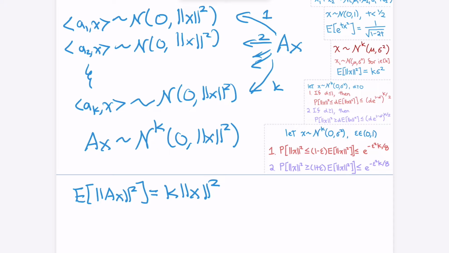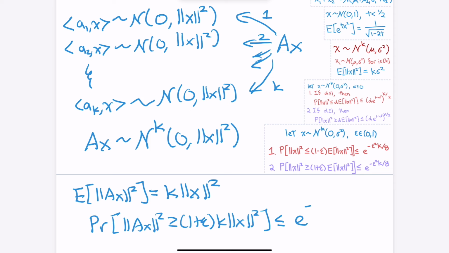It's going to be super concentrated, right? Was the probability error plummeting exponentially in k? So the probability of ||Ax||^2 being at least 1 plus epsilon times the expected value is going to be like e to the negative epsilon squared k over 8, where 8 is hopefully a correct number, but who cares.